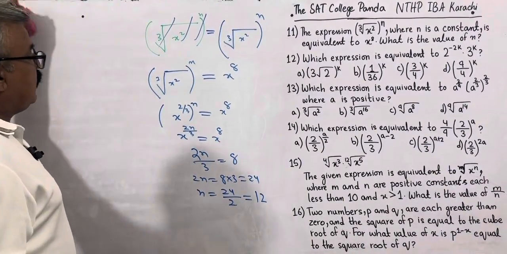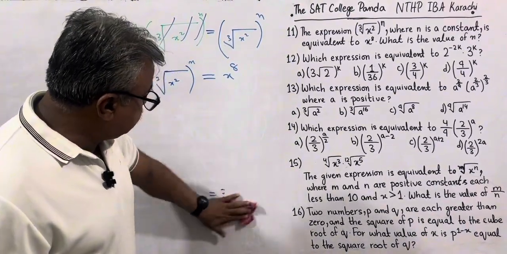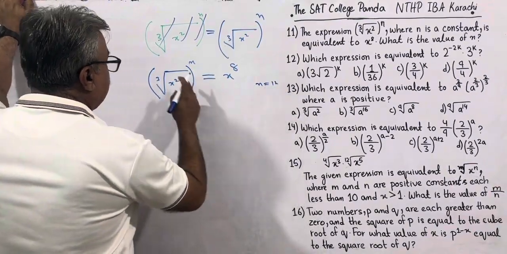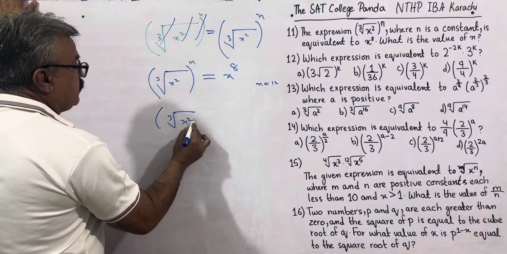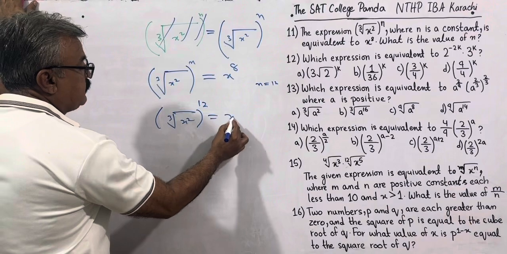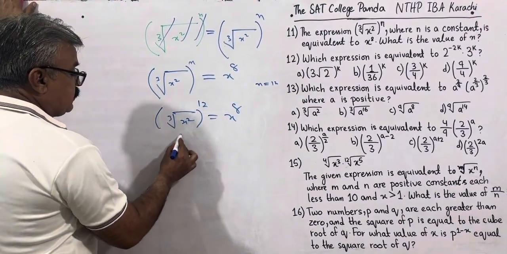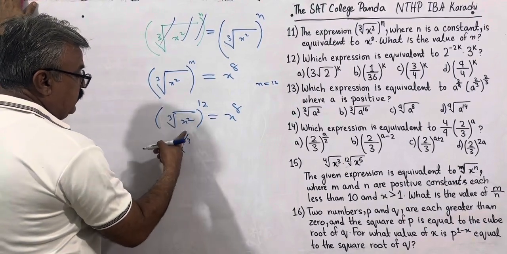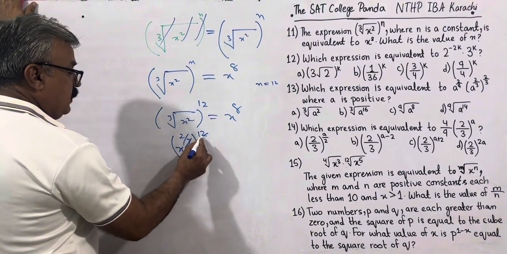Let me verify this question as well. Put the value n equal to 12 and plug in here. Cube root of x square raised to 12 must be equal to x raised to 8. It can be written as x raised to 2 over 3, overall raised to 12.